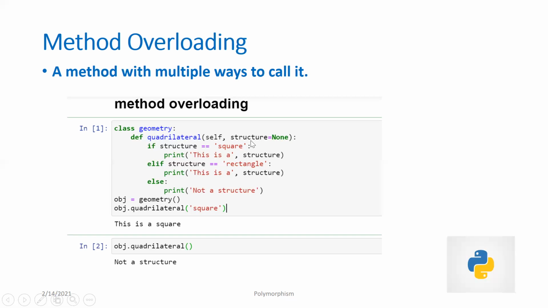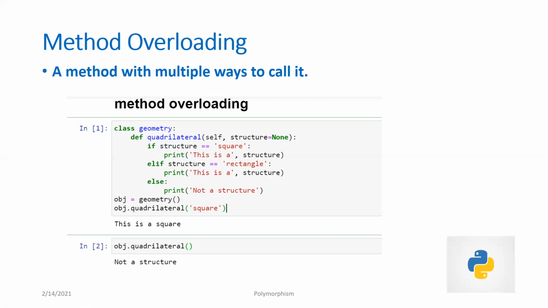That means structure can have a value, or structure can have no value. Both are correct. That means you have the flexibility to use the quadrilateral function with different arguments. You can pass a value, or no value, and quadrilateral will be executed.